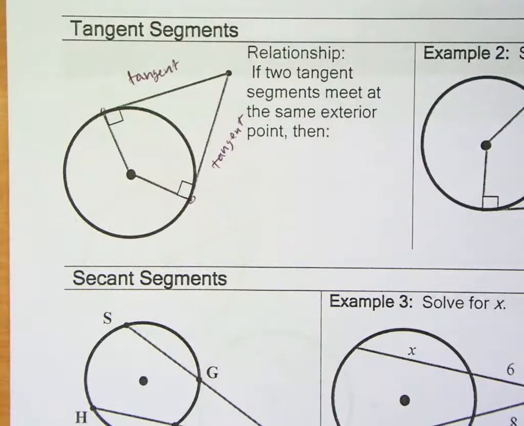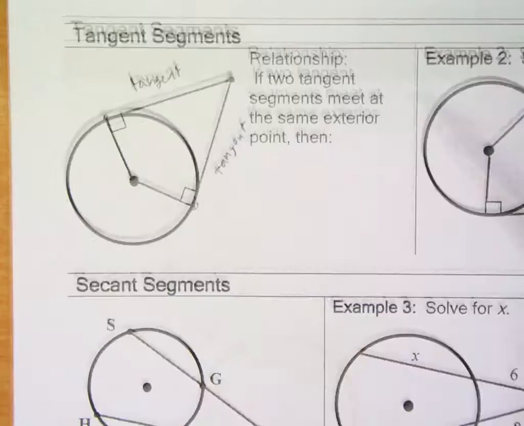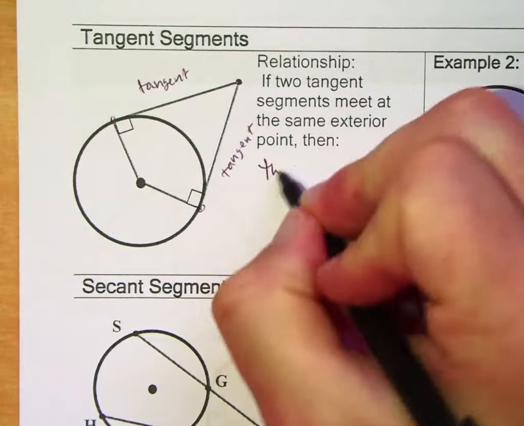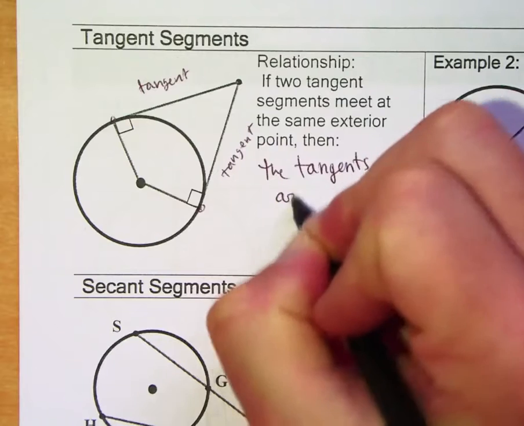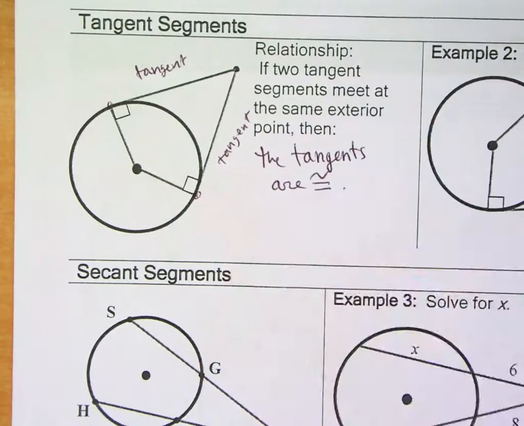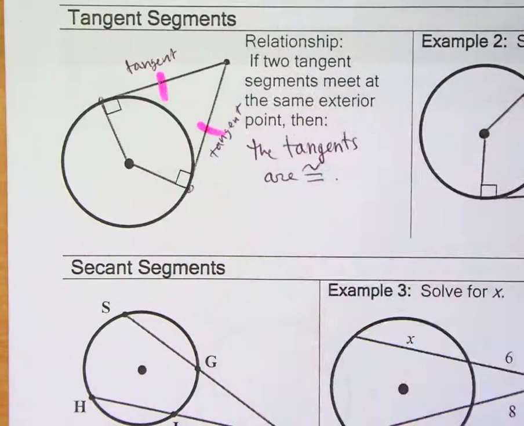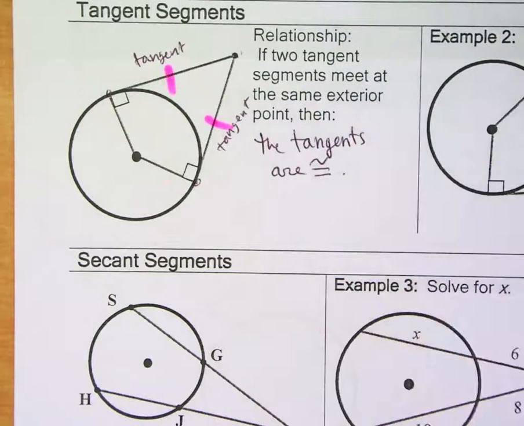And if the two tangent segments meet at the same exterior point, so notice how this tangent segment and this one meet right here, then they happen to be congruent. So those are the same because they meet at this point here and they're both tangents.